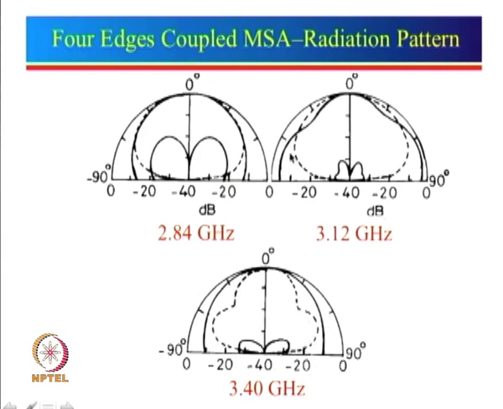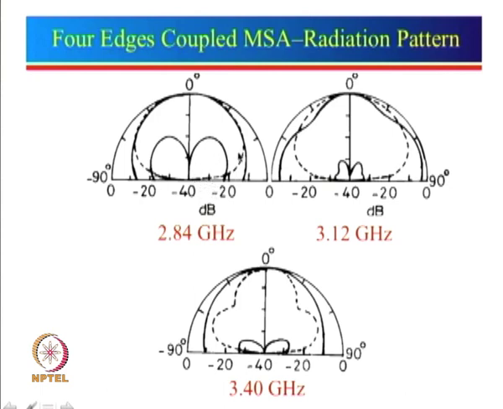Now, you can notice one additional thing, that for the E plane pattern, this one has a much higher value compared to the H plane pattern. This can be explained in a simple way. Along the E plane, we have an element pattern which has a relatively higher value, but along the H plane, the element pattern is relatively going towards 0.